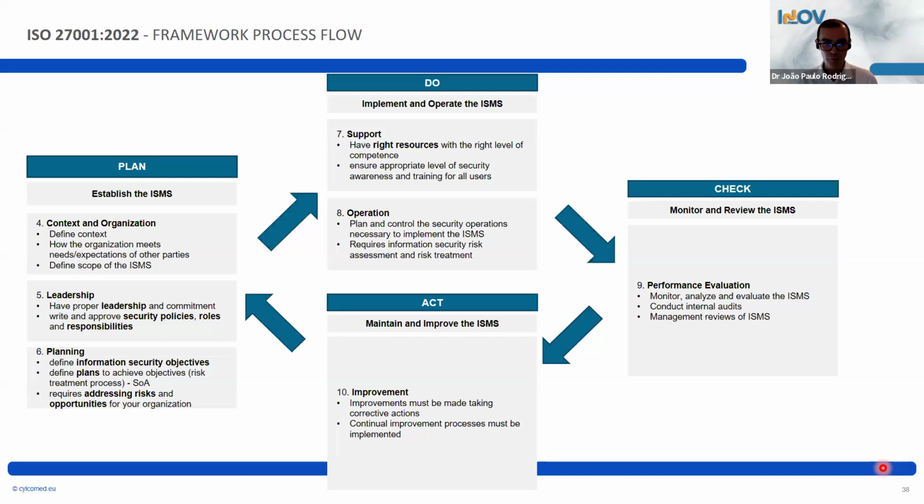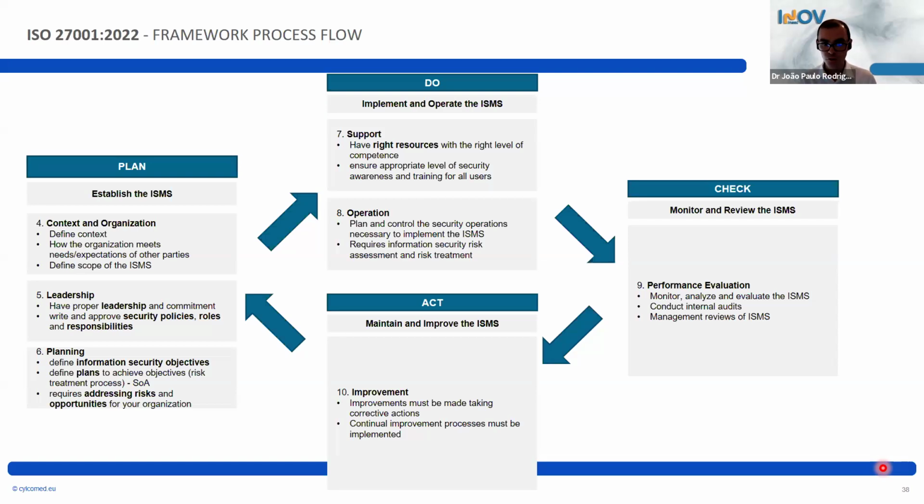We also have the clause for planning, and here is where the information security objectives or controls are chosen. So ISO 27001 has an Annex A, which lists control objectives. And these objectives should be listed in a statement of applicability, or SOA, with all the controls.